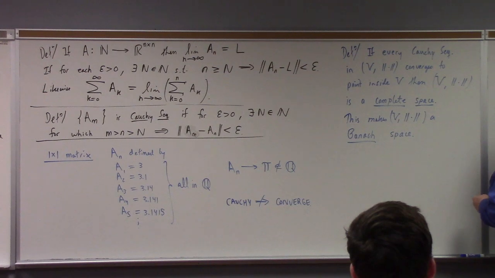Definition. e to the A is by definition the sum, here we go, k equals 0 to infinity of 1 over k factorial A to the power k.